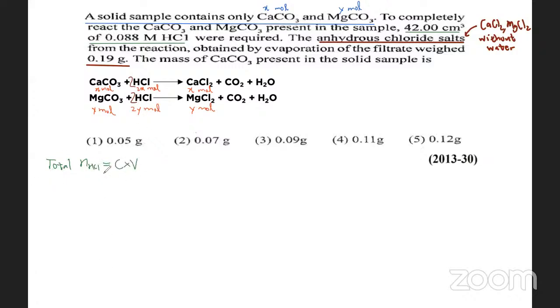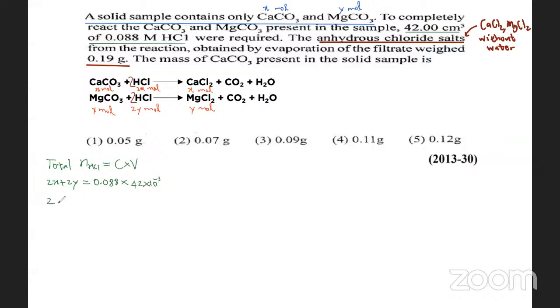What is the total number of moles of HCl according to the question? According to here, you can say it is 2x plus 2y. And that is equal to concentration, that is 0.088, into volume, 42 into 10 to the power minus 3. Don't forget, it's a centimeter cube.